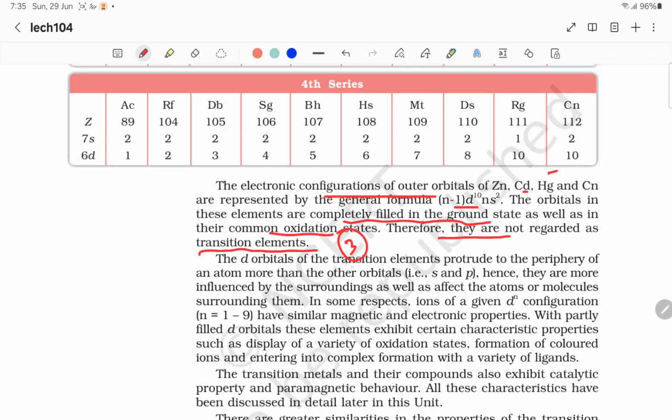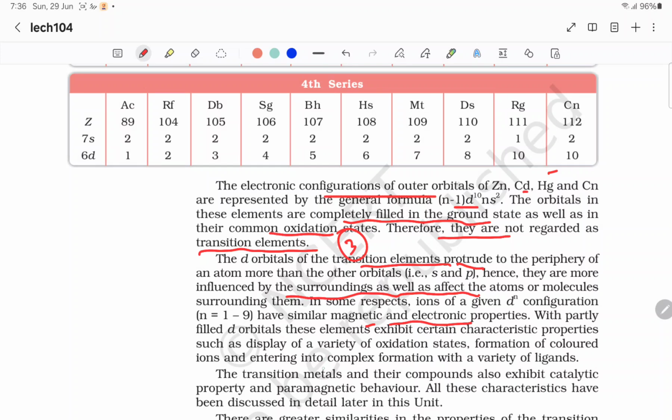The d orbitals of the transition elements protrude to the periphery of an atom more than the other orbitals, s and p. Hence, they are more influenced by the surroundings as well as affect the atoms or molecules surrounding them. In some respects, ions of a given dn configuration (n = 1 to 9) have similar magnetic and electronic properties.